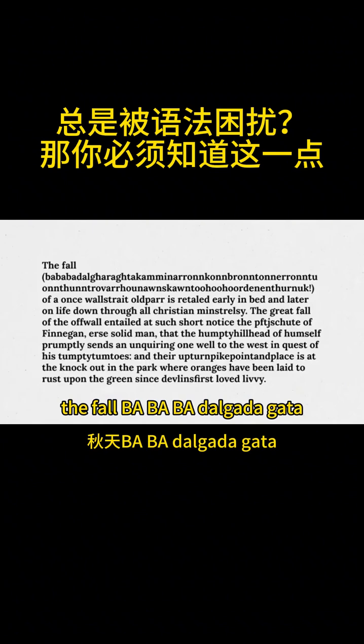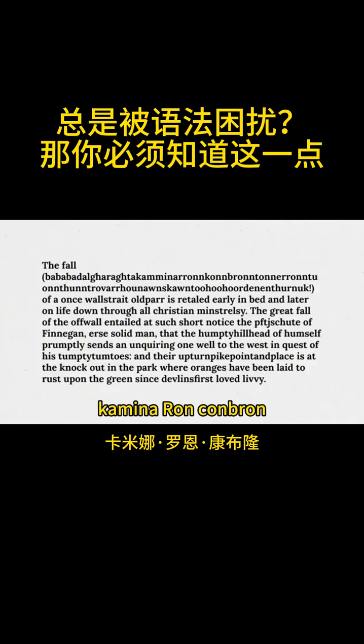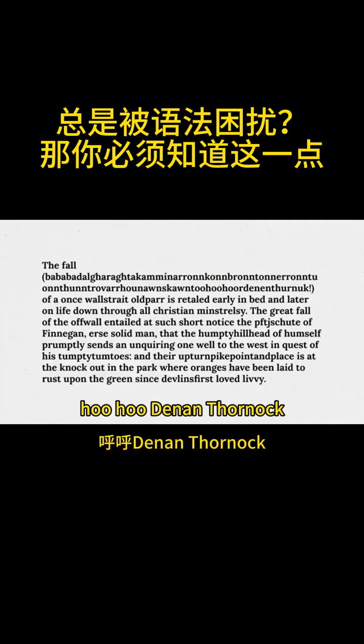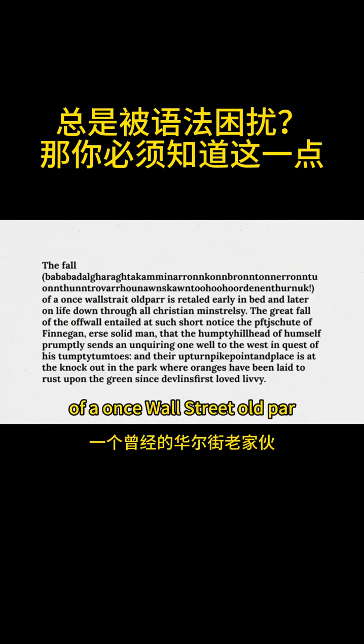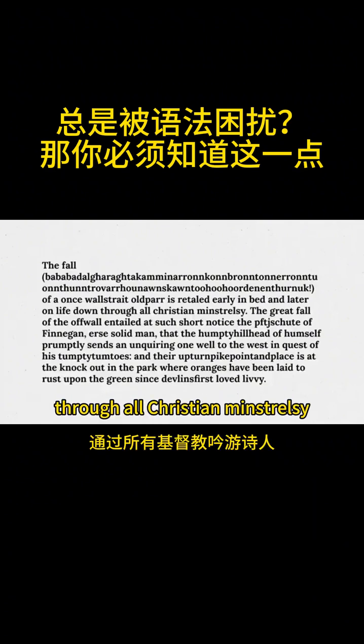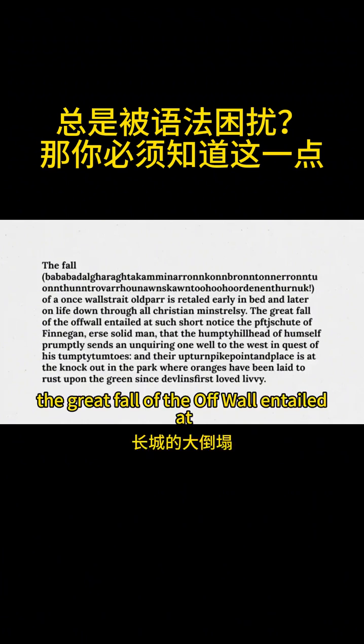The Fall. Ba ba ba dalgara ga taka minaron conbron tonaron twanthon travahuna wasakaun tu hu denen thernuk of a once Wall Street old pa is retailed early in bed and later on life down through all Christian minstrelsy.